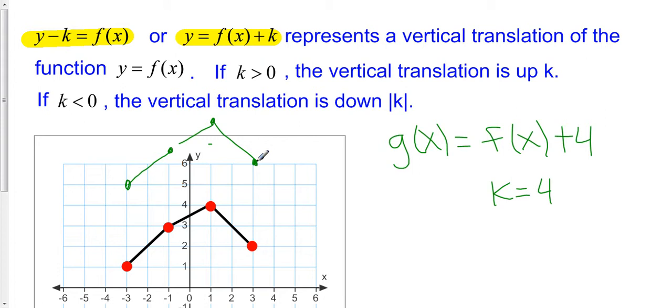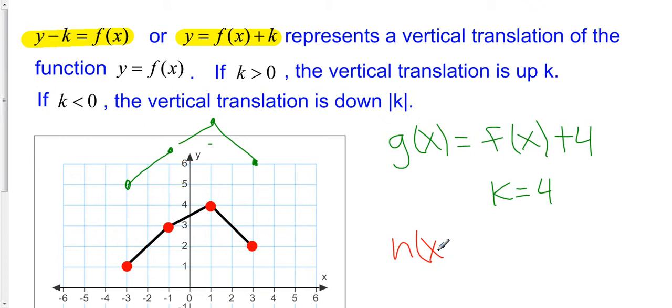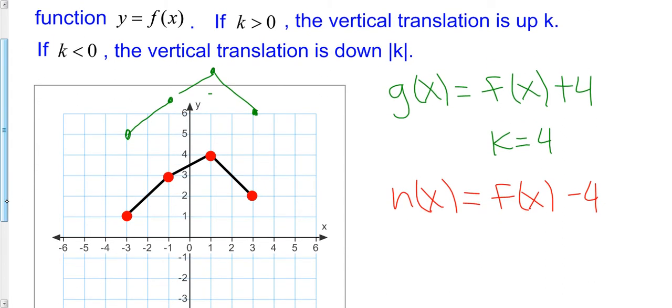If k is less than 0, the vertical translation is going to be down the absolute value of k. So another example here might be h of x. I could say h of x is equal to f of x minus 4. So I'm using the second notation here. And here I have that k is equal to negative 4, so that's less than 0.